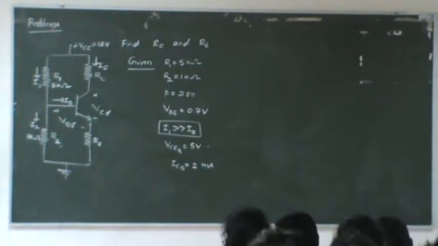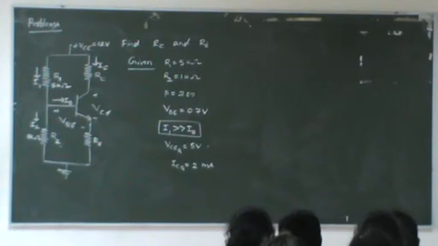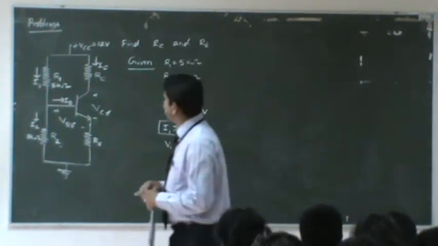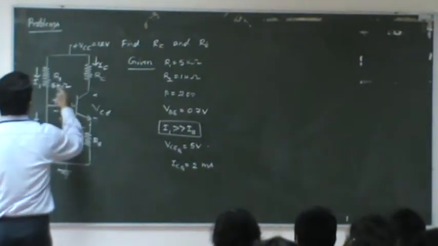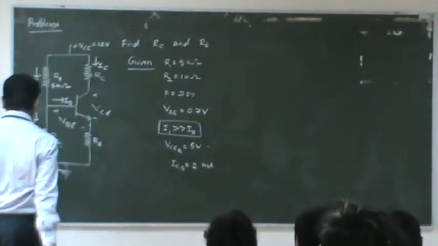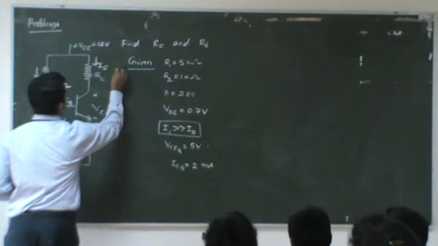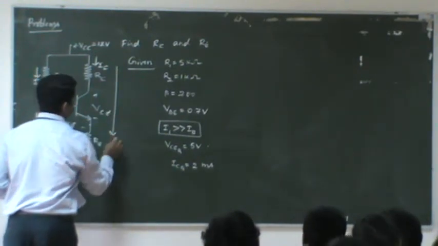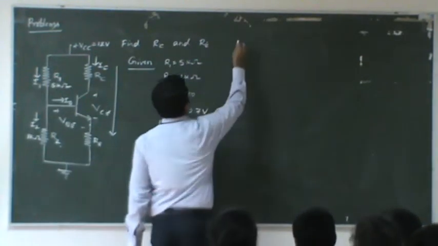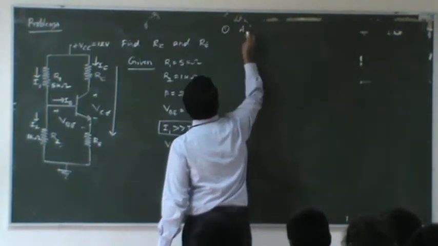The condition given here reveals that this can be solved using the approximate method. Now you can apply KVL to the collector emitter section first and try to find a general equation for this.